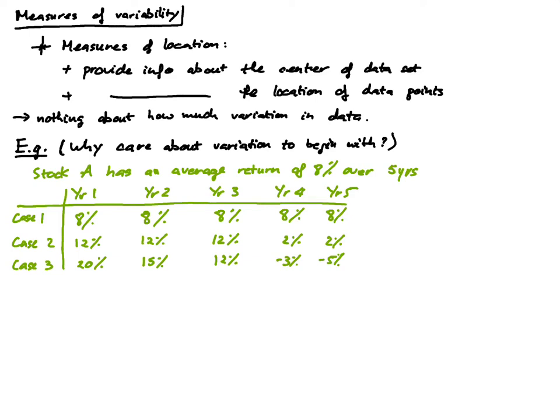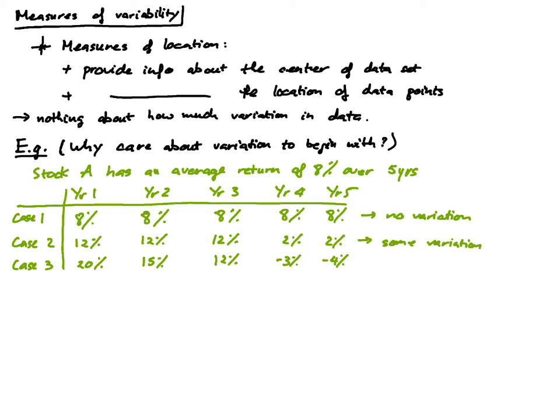Actually, this should be -4 in the last year to ensure that the average return was 8% over the past 5 years. In any event, what I want to note here is that there's no variation in the first case. There's some variation in the second scenario, right?